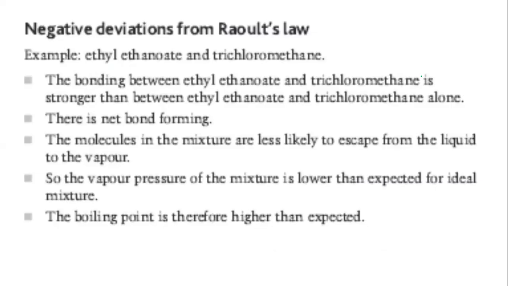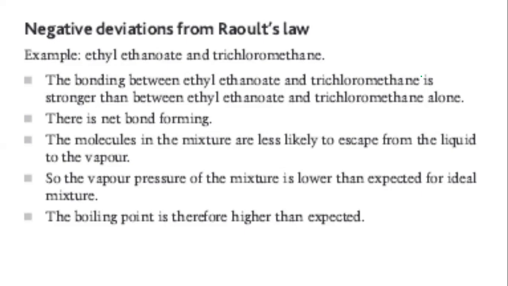Now, what about negative deviations from Raoult's law? If you mix ethyl ethanoate and trichloromethane, the bonding between the ethyl ethanoate and trichloromethane is actually stronger. So when you try to boil that mixture, the boiling point is higher than you would expect.